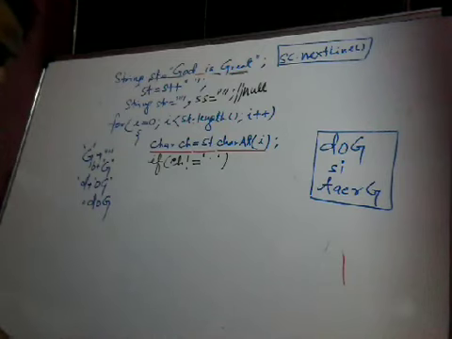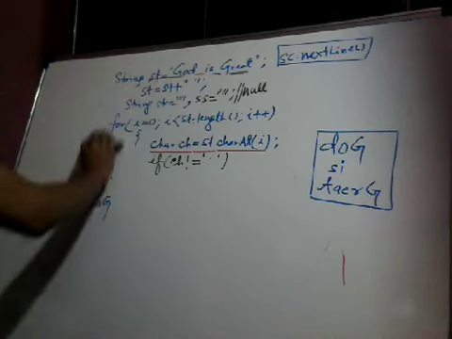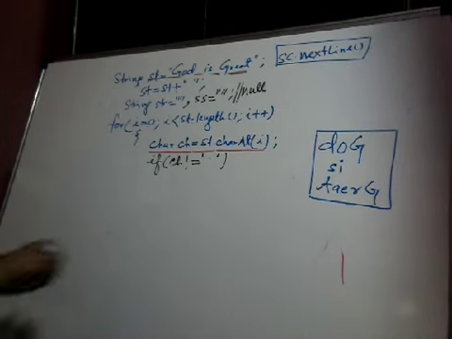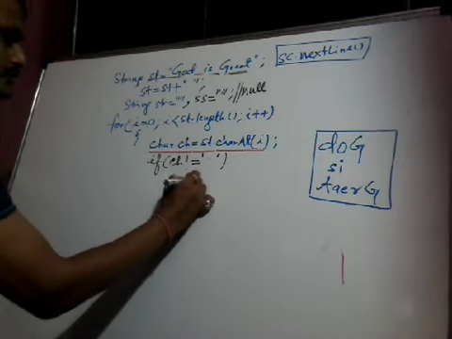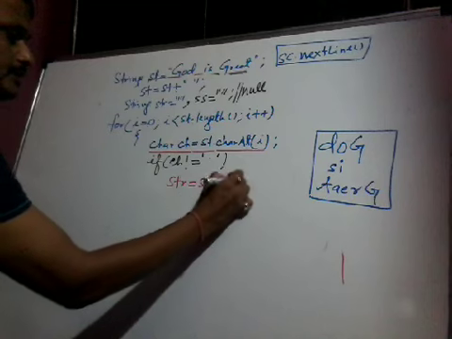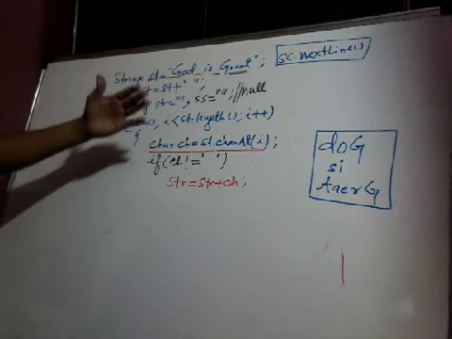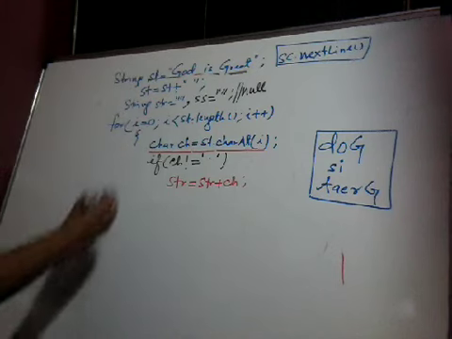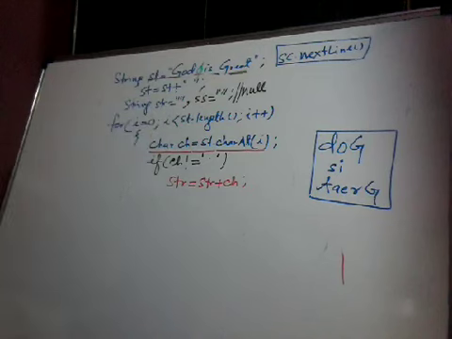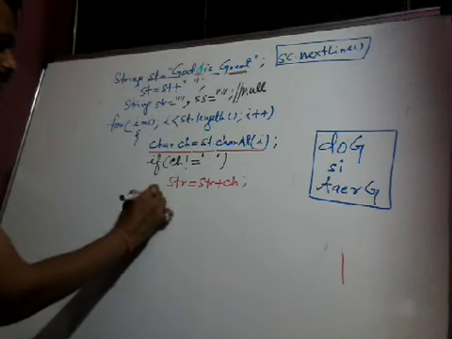Now same process we will follow. If ch is not equal to space, extract the word, str equal to str plus ch. So it will extract g, then o, then d, that means god. When this space will get, it will go to the else part.